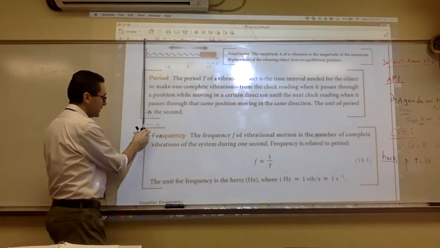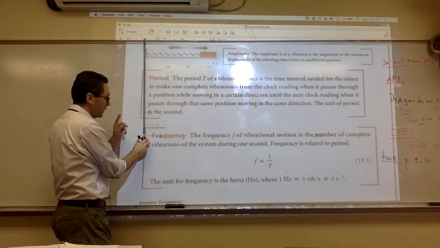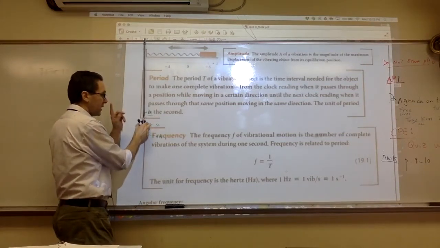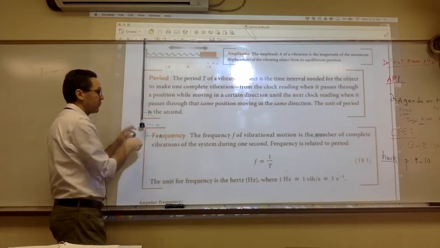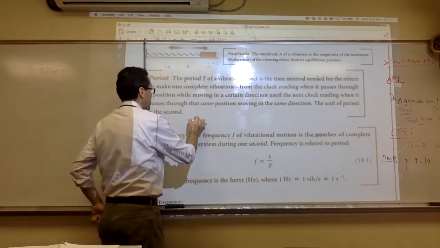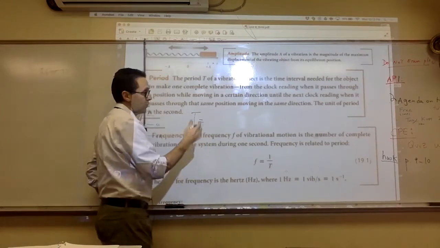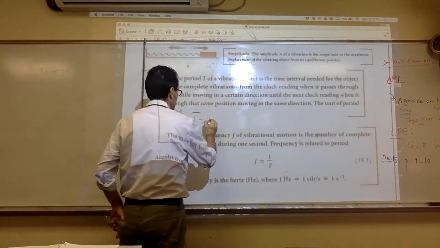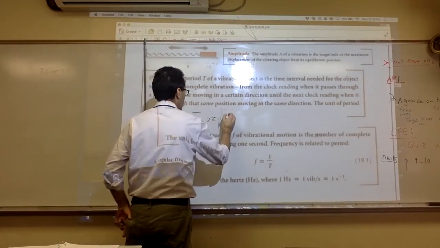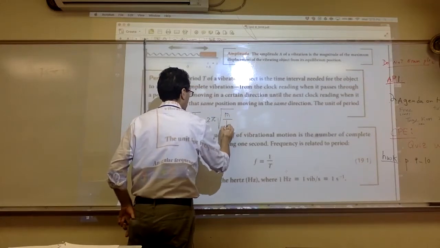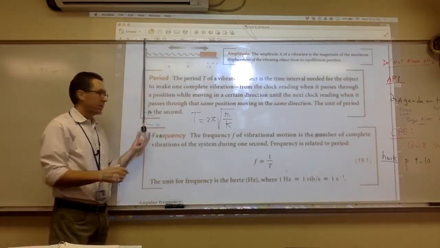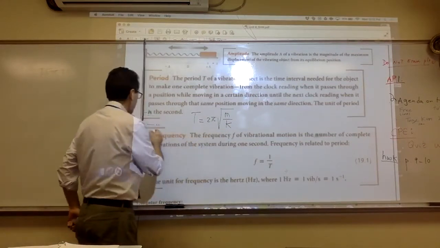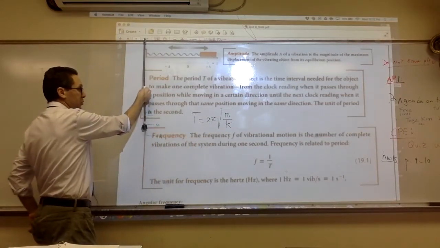So if I pull this here and I let it go, when it reaches here, that's a quarter of a cycle, another quarter, 3 quarters, and back to the period. Now, the period of a spring, maybe I'll prove this in another video, or maybe you can just accept it. It's 2 pi square root of m over k, m being the mass that's hanging on it, and k being the constant of this spring here.